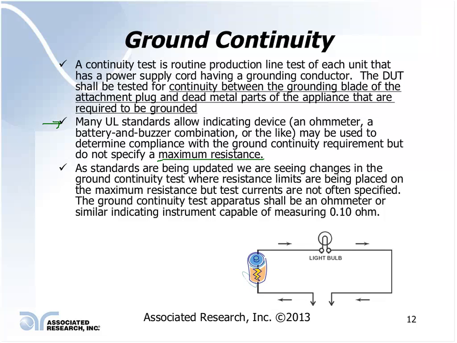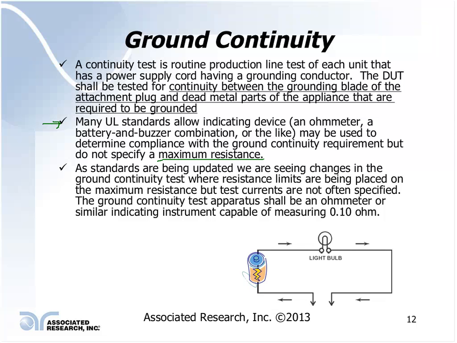But the device under test, any product, your Class 1 product, must be tested for continuity between the ground blade of the attachment plug and any dead metal parts of the appliance that are required to be grounded. Okay, this is a commonly specified routine production line test that must be done on your product.